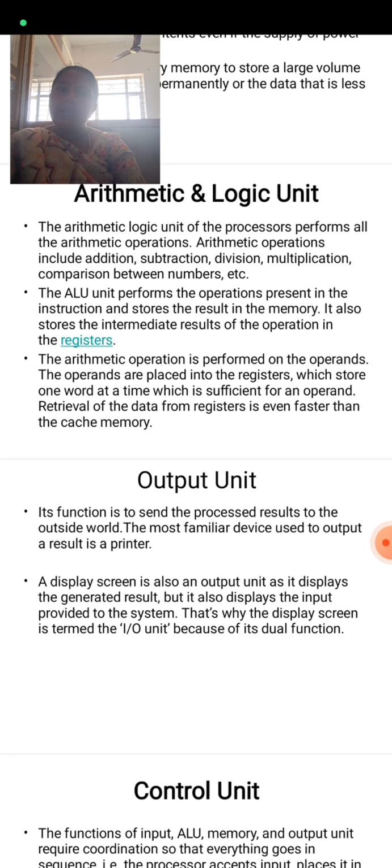The arithmetic logic unit of the processor performs all the arithmetic operations. Arithmetic operations include addition, subtraction, division, multiplication, comparison between numbers, etc. The ALU performs the operation present in the instruction and then stores the result in the memory. It also stores the intermediate result of operation in a register.